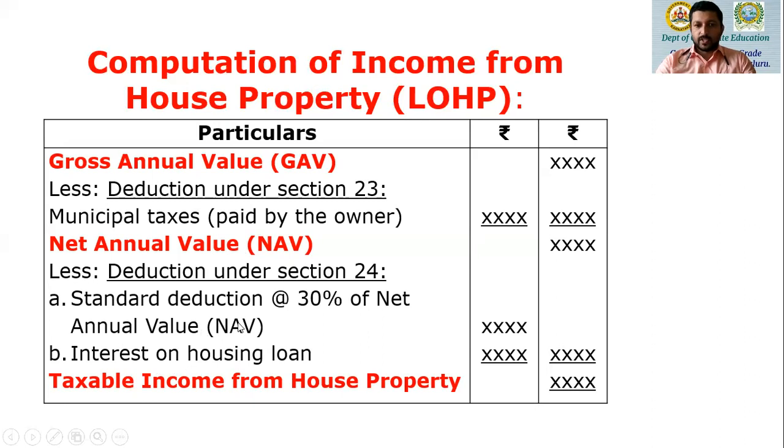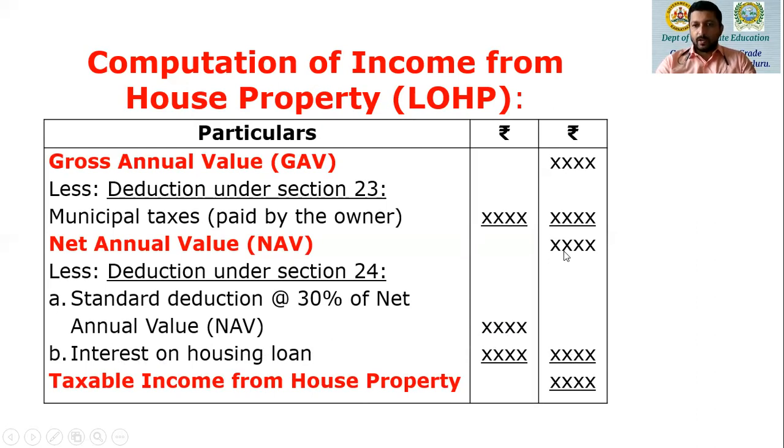The second deduction under section 24 is interest on housing loan. This is a very, very important aspect. Remember, we are talking about let out house property, and we are claiming deduction for interest on housing loan. When these two amounts put together are deducted, you may get a positive value or you may get a negative value, depending on the case given in the problem.